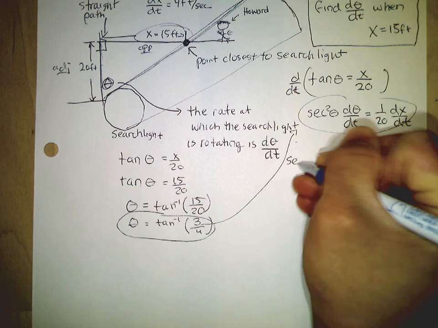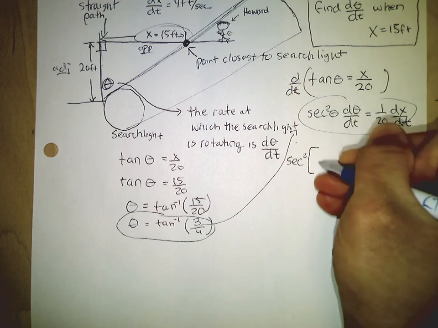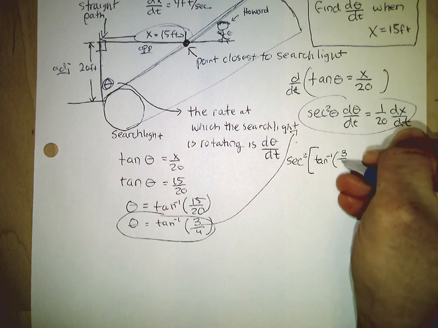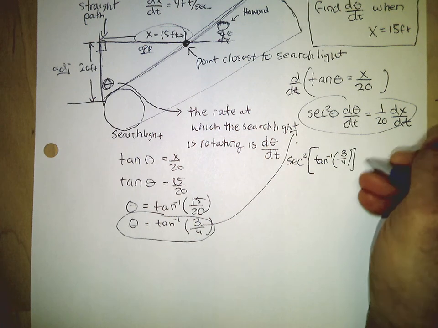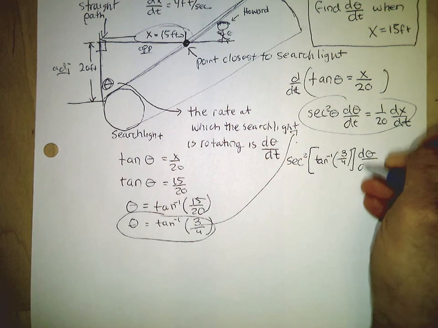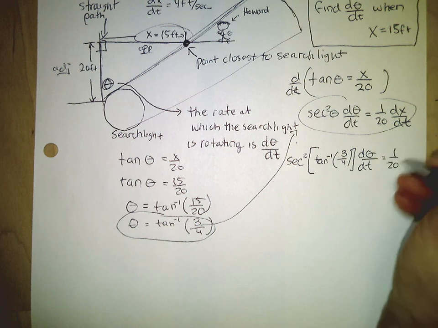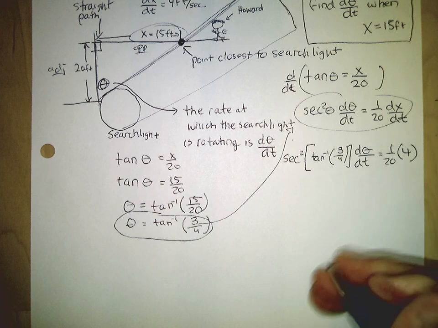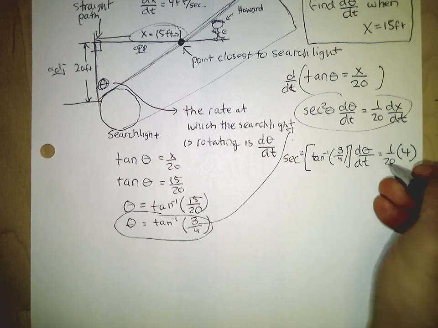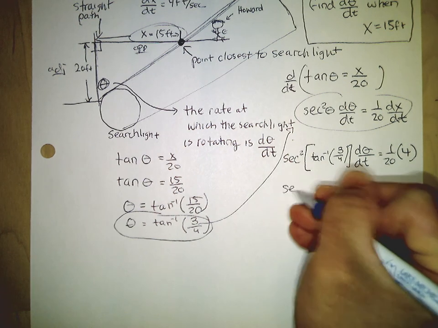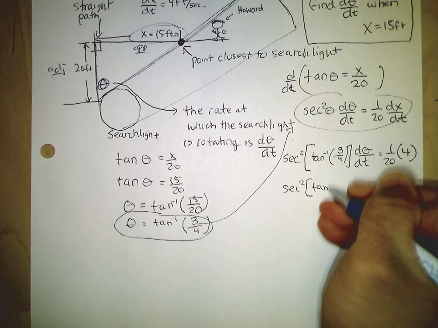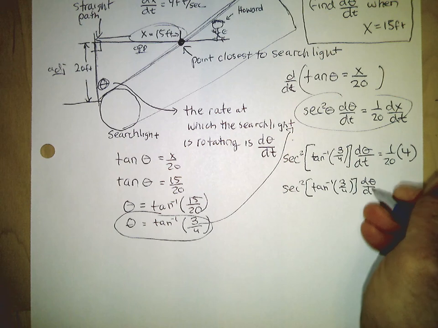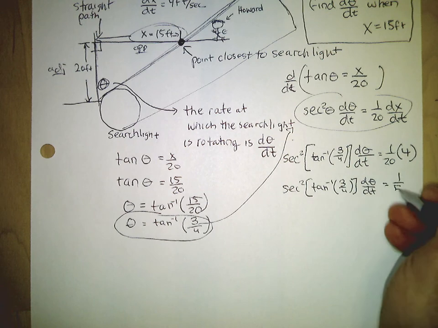So we have secant squared of theta, which is tangent inverse of 3 over 4, times d theta dt, is 1 over 20 times dx dt, which we found to be 4. So 4 over 20 is 1 over 5.